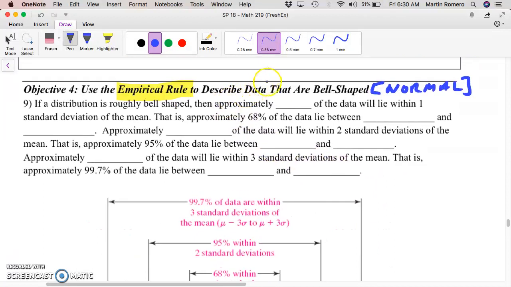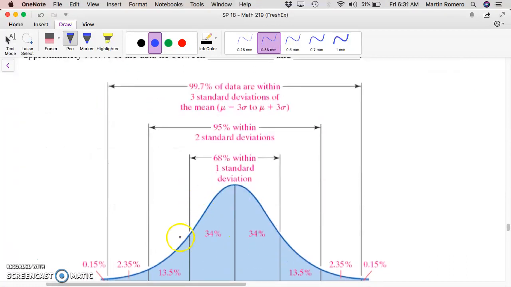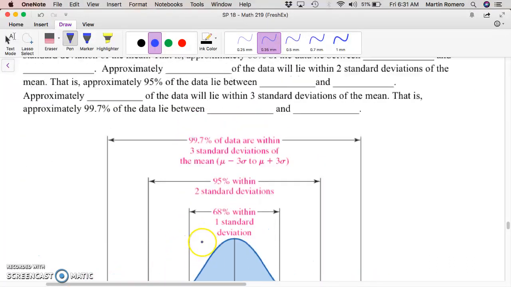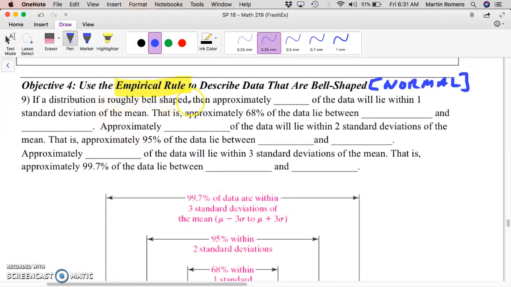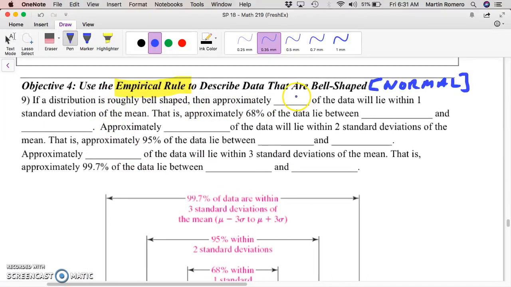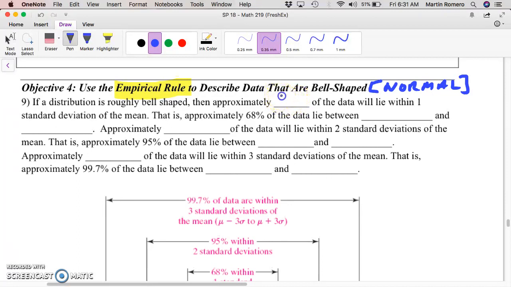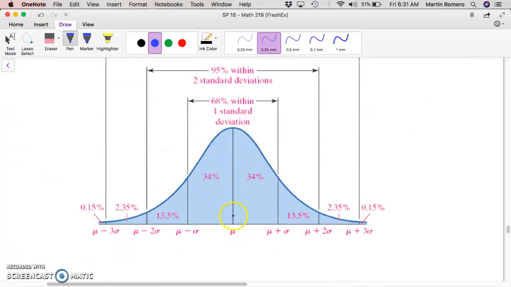And what the empirical rule says is, if we have the distribution, the shape of a curve or a histogram, we just don't have all the bars there, the shape of a histogram is bell shaped, then approximately 68% of all the data, right here, 34 and 34, here's the mean, the average right in the middle.